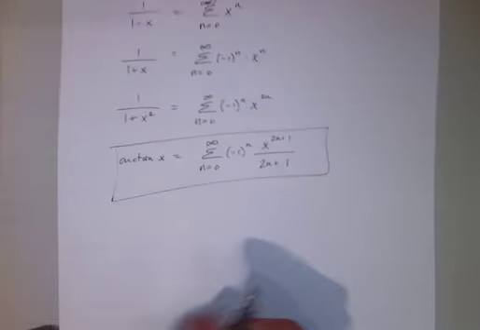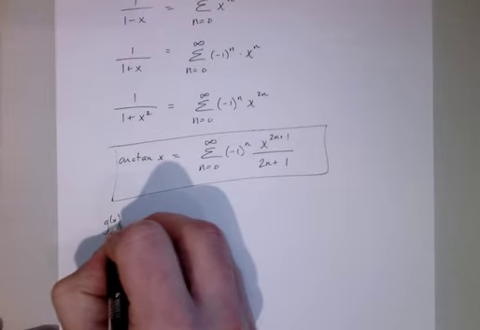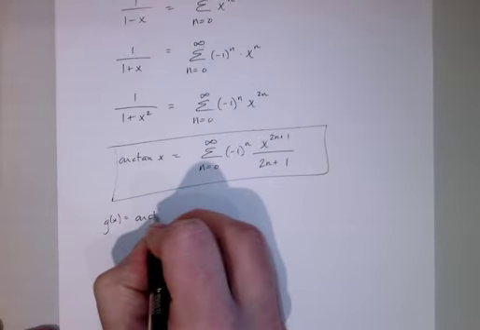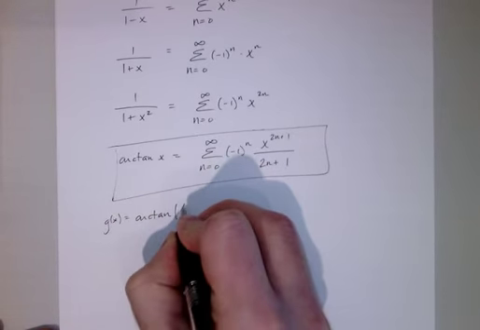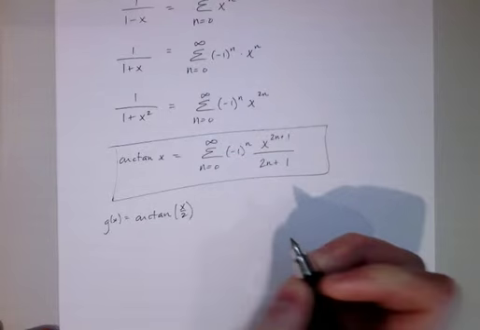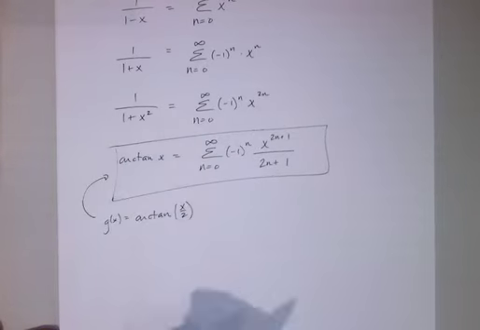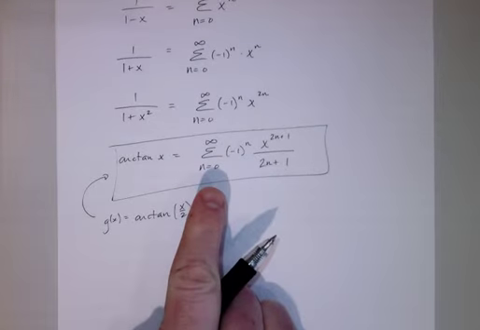Okay? So let's say we're actually asked instead for not arctan of x, but arctan of x over 2. Well, now that this one is known, I simply have to manipulate this one. Okay?